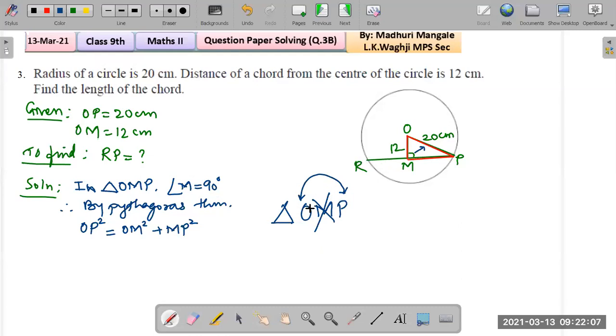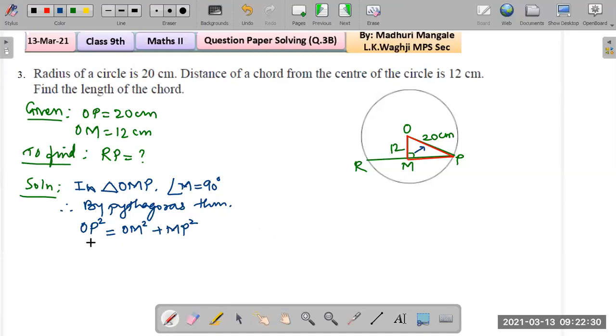You can simply cross out the letter which is 90 degrees, whatever is left is the hypotenuse. So OP square equals, and the other two sides are OM square and MP square. Okay, so that was a small trick.